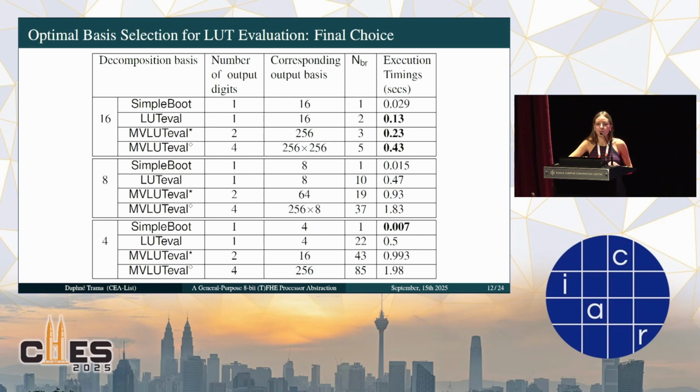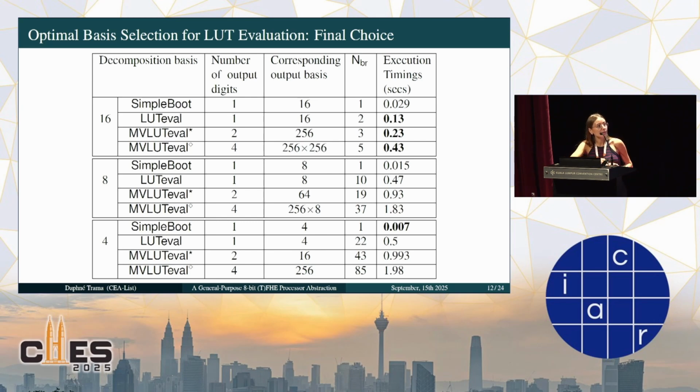You can see that it's the most efficient for our lookup table evaluation tools, but not only is it more efficient, it also outputs more data. So why is that? For instance, you can see MV star is the evaluation of 2 different lookup tables using the MVB optimization. So it outputs 2 values in the corresponding decomposition basis.